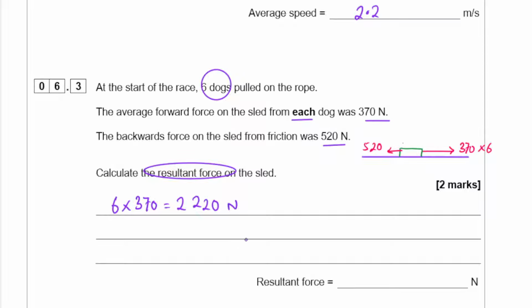So the resultant force is equal to 2220 minus 520. That would give me 1700 newtons.